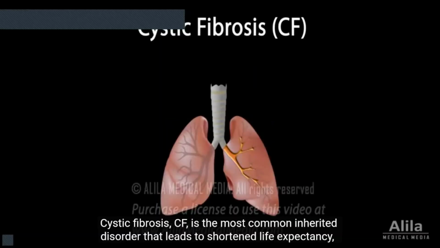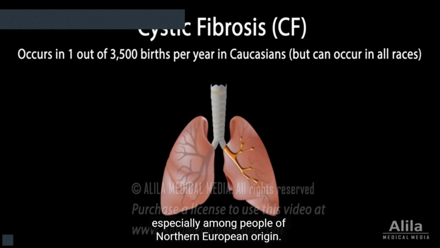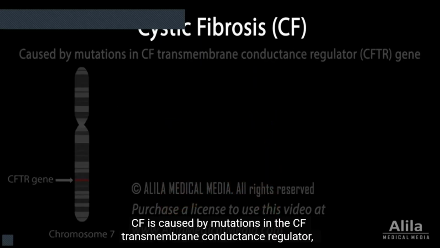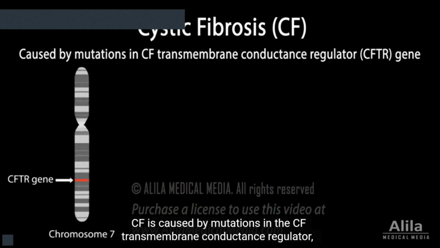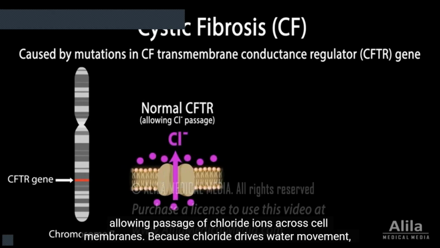Cystic fibrosis, CF, is the most common inherited disorder that leads to shortened life expectancy, especially among people of Northern European origin. CF is caused by mutations in the CF transmembrane conductance regulator, CFTR, gene. The CFTR protein encoded by this gene functions as a chloride channel, allowing passage of chloride ions across cell membranes.